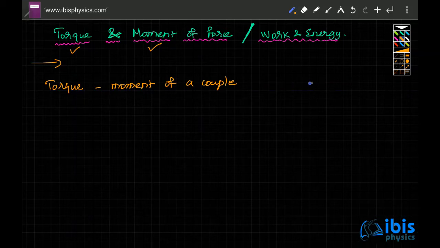I'll try to explain this. Suppose there is a water tap, with an axis pivot about which two fingers will be placed, and you try to open the water tap. This is the top view. From above you are looking at the tap, and using your thumb you apply force in one direction. Using your forefinger or the middle finger, you apply another force in the opposite direction.